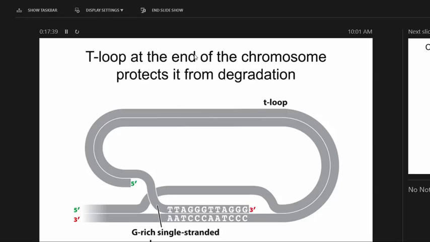And you can actually see, so this is the 5' end, and it goes around here to the 3' end that way. Because it's going the same way there, this sequence up here is exactly the same sequence as that one, and it can just tuck in there and base pair, and this sort of hangs out there on top. So you have the free 3' end tuck in there.